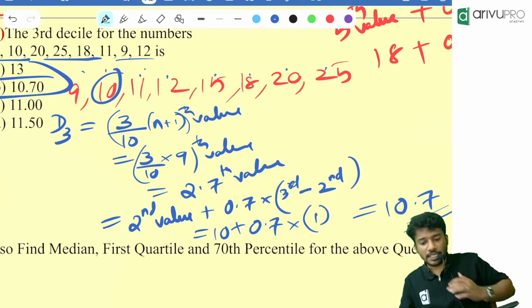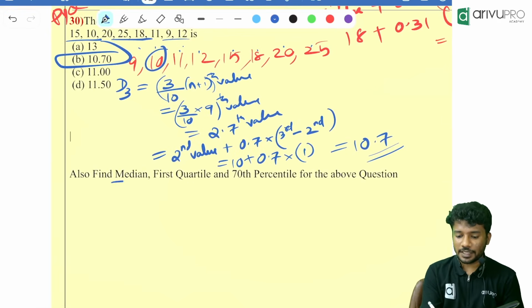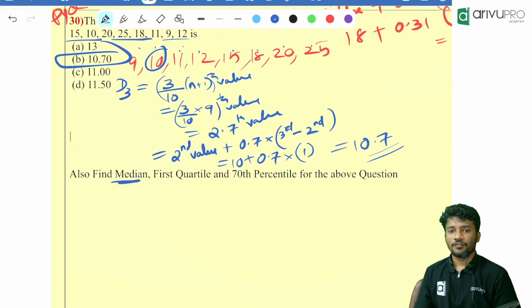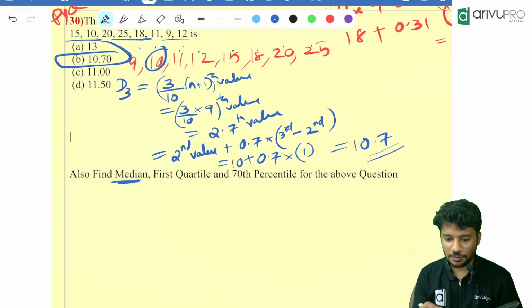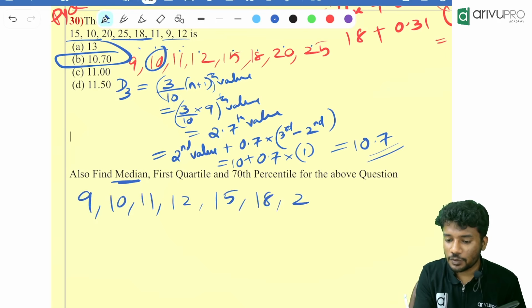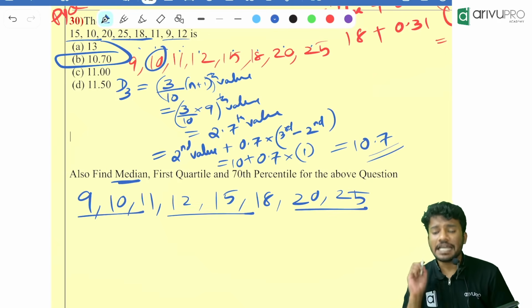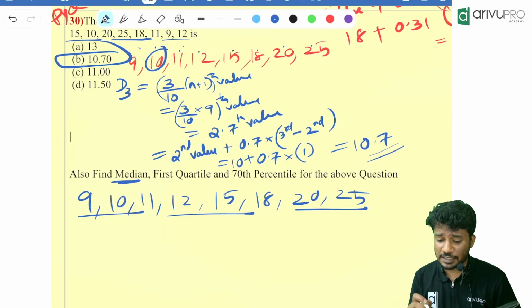N plus 1. Yes. Now for the same question, can you find me the median? After arrangement, it is 9, 10, 11, 12, 15, 18, 20, 25. How many terms are there in total? 8 terms. Whenever there are 8 terms, we take the middle two values.